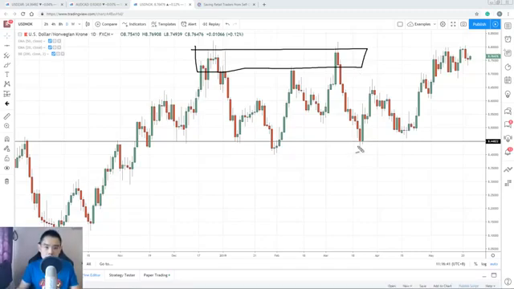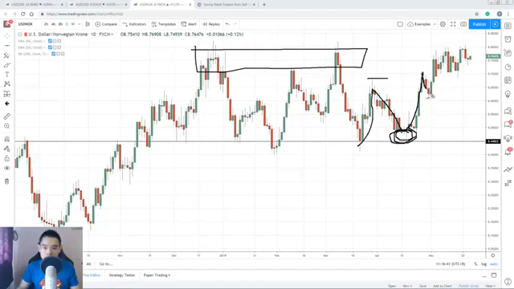In this case, the market makes this high, retraces, and when it took out this high over here, you can reference this swing low now to set your stop loss. If the market were to come down lower, breaking and closing below this swing low, you'll exit your trade. This is how you're trailing your stop loss as the market moves in your favor till it reaches your target profit.